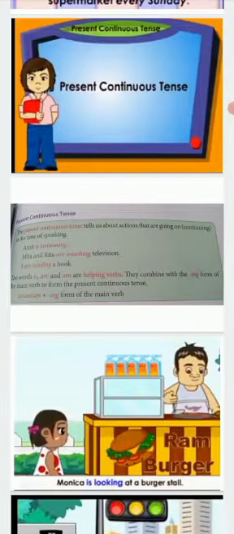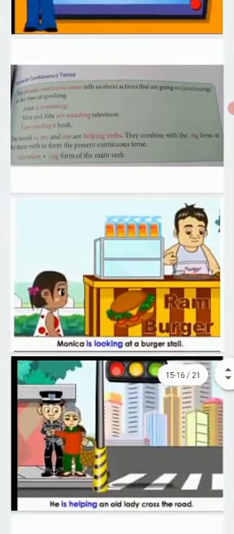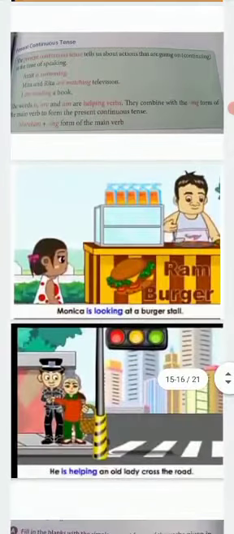Students, now we will discuss present continuous tense. The present continuous tense tells us about actions that are going on, continuing at the time of speaking. For example, Amit is swimming, Mita and Rita are watching television, I am reading a book. The words is, are and am are helping verbs.